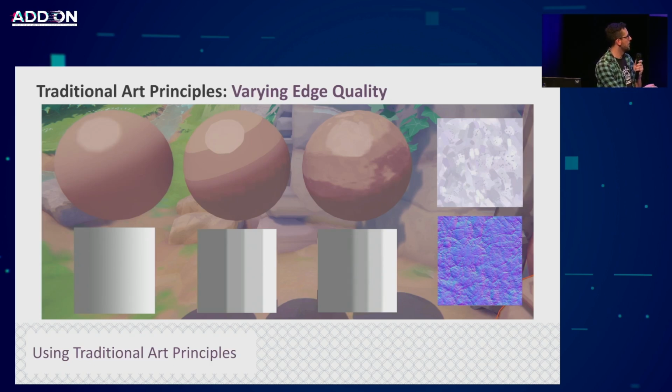And then we have softer gradients, a greater variety of value changes within the gradient, and also these two textures which are adding more breakup. The normal map is doing something similar to scumbling in traditional painting, when you take a dry brush and move paint from one area into another to give it that scratchy feeling. That was what I was trying to get with the use of a normal map within the shader.